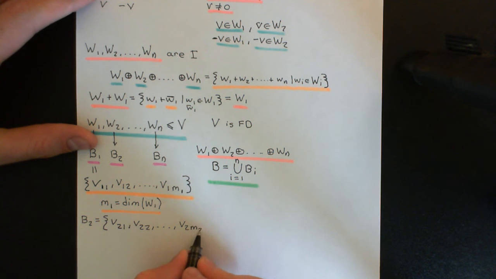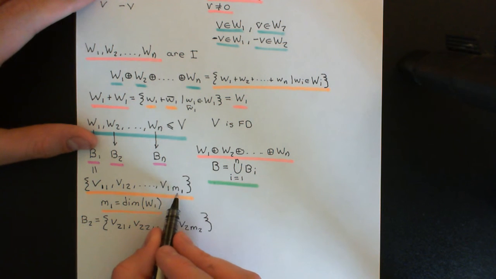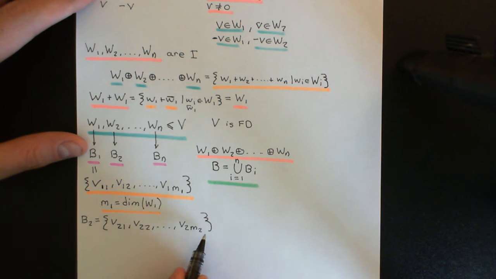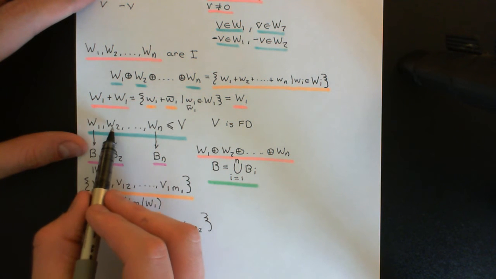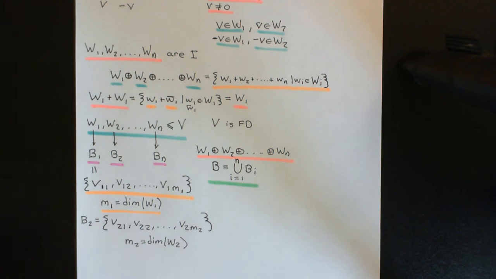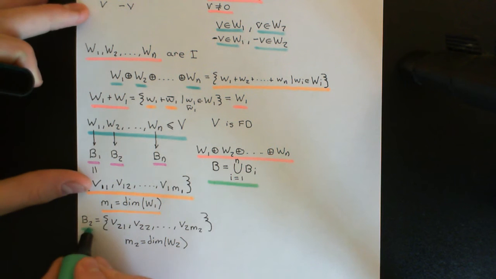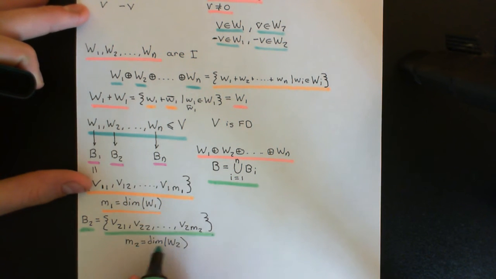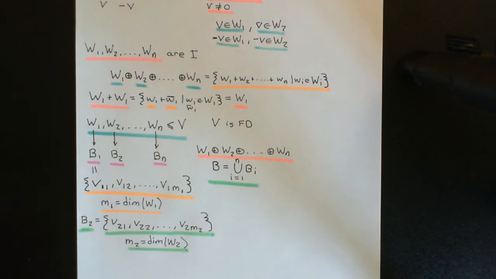There's not necessarily the same number of vectors in this basis B1 as in this basis, because we don't know that the two subspaces W1 and W2 have the same dimension. So there is my basis B2 written explicitly out.